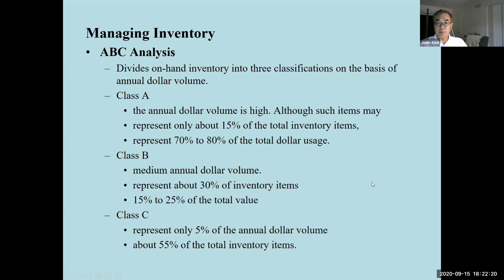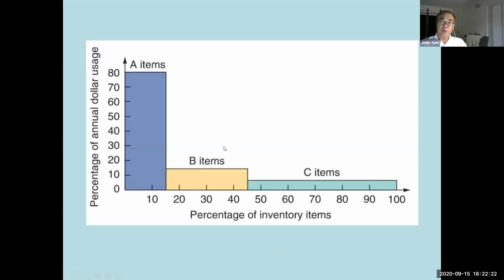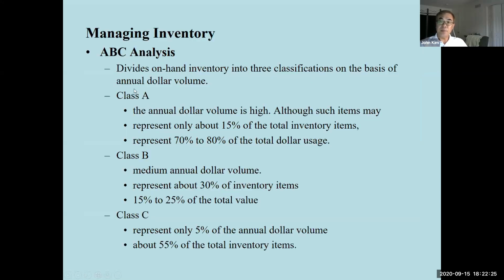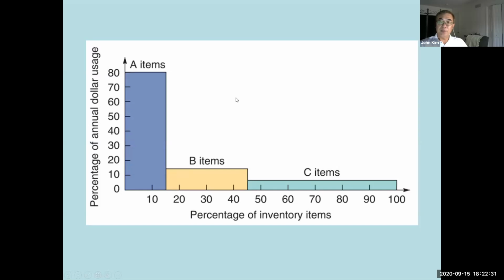So certain companies, by this criteria, can divide inventory into three. Class A: the dollar value is high, but the inventory size is not large, like 15% if the total is 100%.